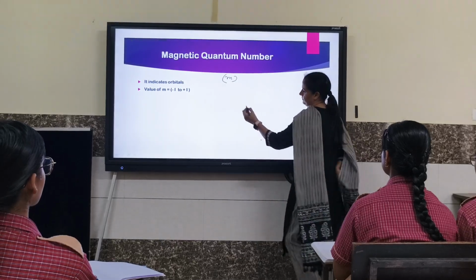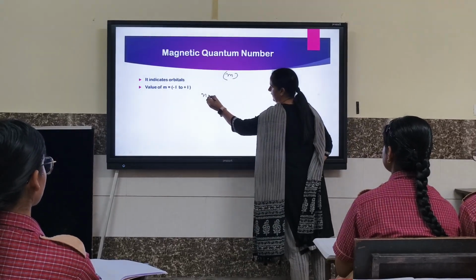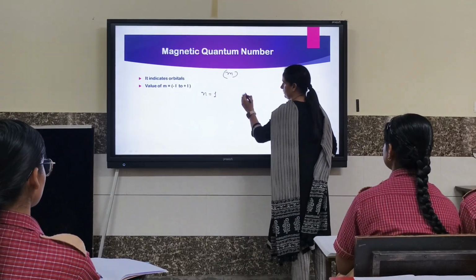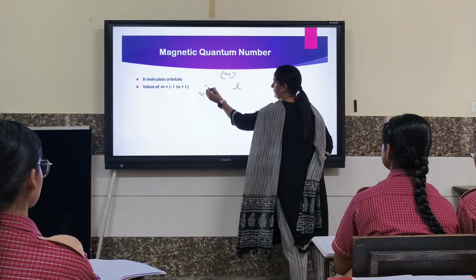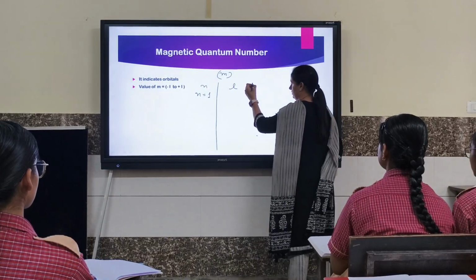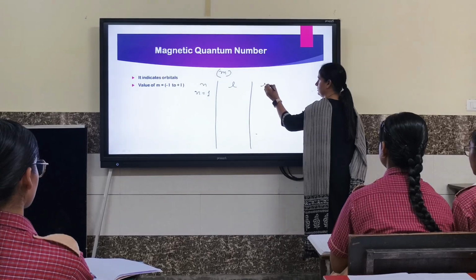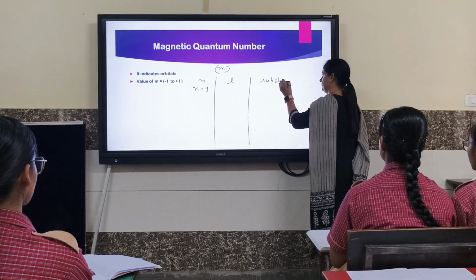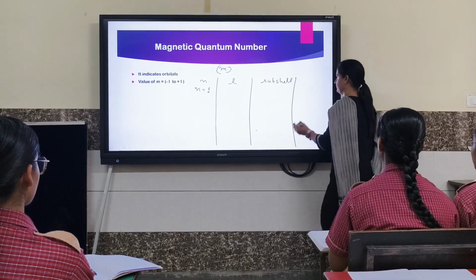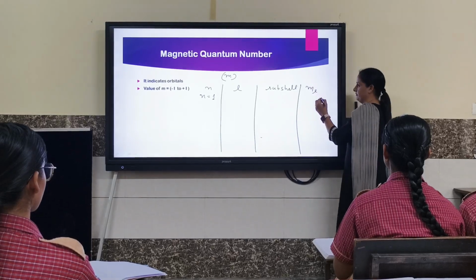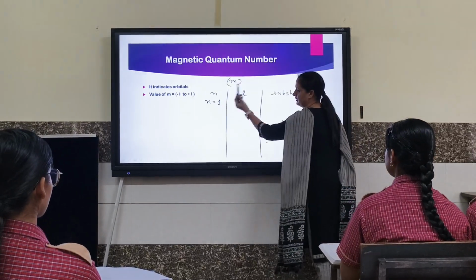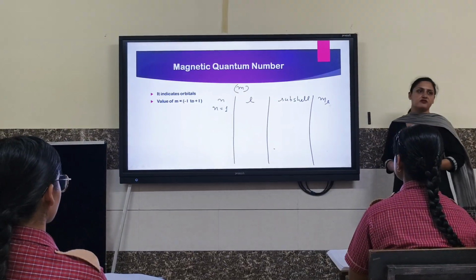Take an example. When value of n is 1, here we have the value of n, L and subshell. Here we have ml values. When value of n is 1 means we are talking about the first shell.